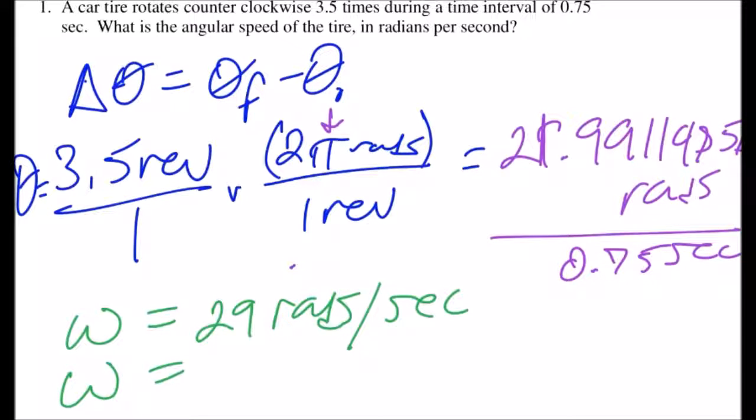What'd you get, Garrett? I got 280. It's 280 revolutions per minute.